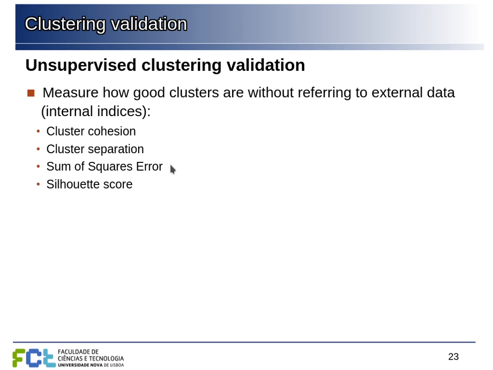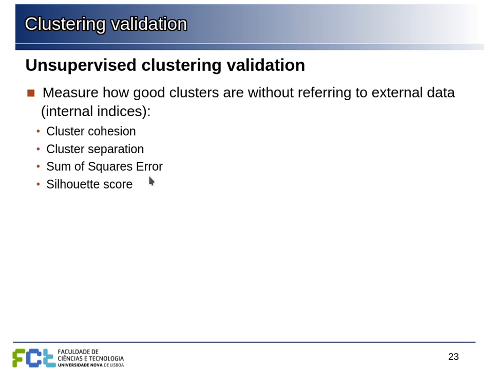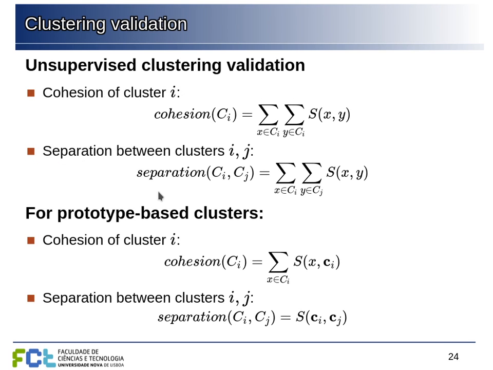And we can look at things like how cohesive the clusters are, how close together the points are within a cluster, how well separated they are, things like summing the squares of the distances to the center, and so on. We're also going to look at this silhouette score, which can be useful in some cases to evaluate clustering. But this is just to give you a general idea of the kind of attributes that we can look at when evaluating clustering.